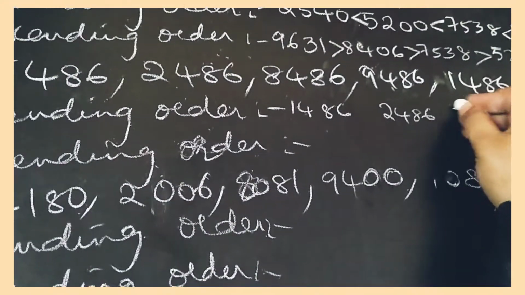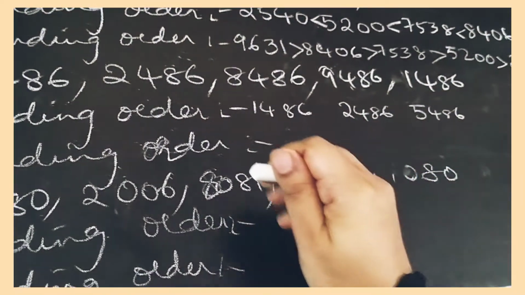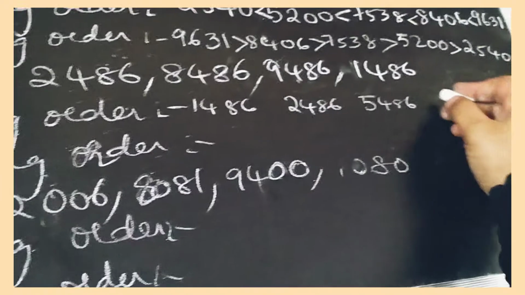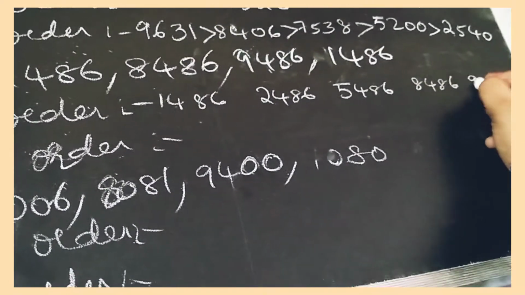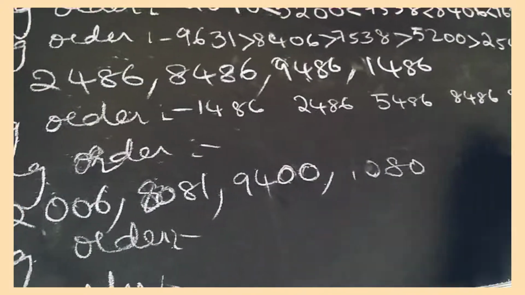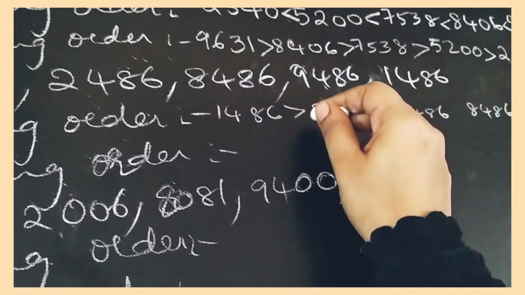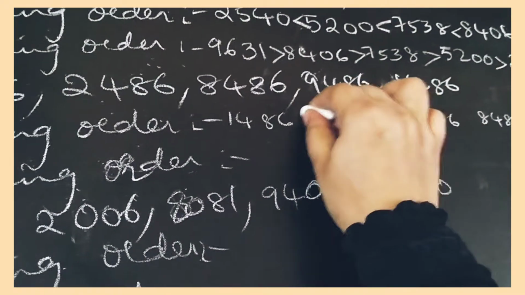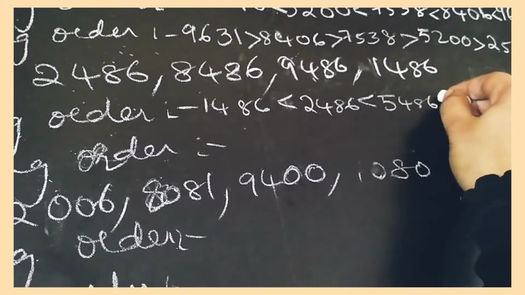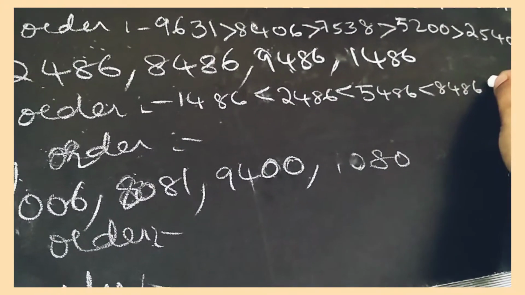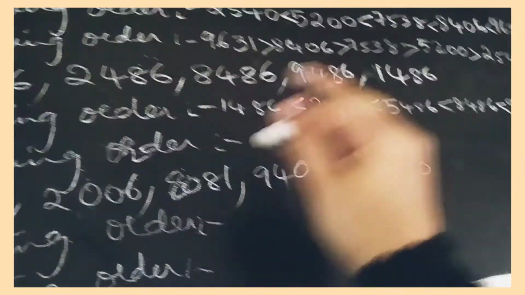After 2000, 5000: 5486. After 5000, 8000, then 9000: 8486, then 9486. Again you have to write the symbol, opening the mouth of the symbol towards the bigger number. Now in descending order, big to small.